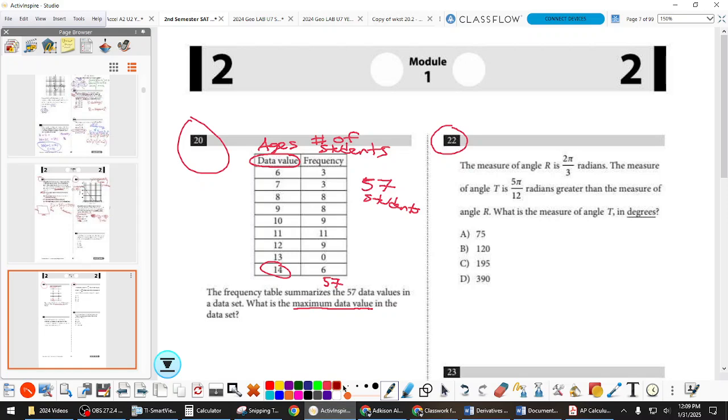So first of all, how are you used to measuring angles? If I said, what's the measure of this angle in a circle, what do we use mostly? How do we measure angles in general? Oh, okay.